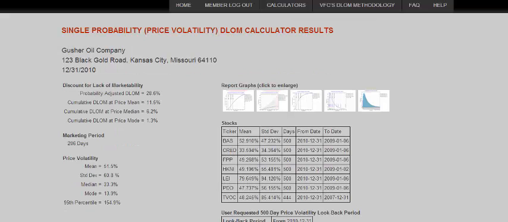Now we see that the price data for HKNI is available, and we see that the corrected probability adjusted DLOM is 28.6%.